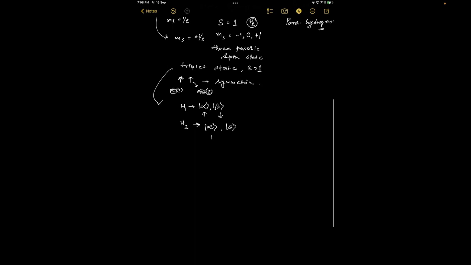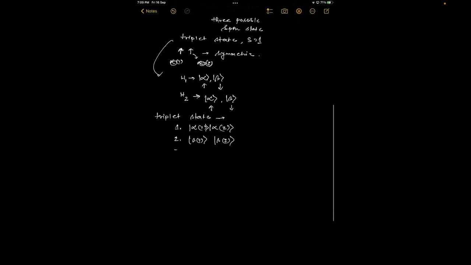For orthohydrogen, the spin state is a triplet state, that means 3 possible spin states having the same energy. Now these 3 states will be: one, H1 having spin alpha and H2 also having spin alpha, so the spin wave function is alpha 1 times alpha 2. The second state will be H1 having spin beta, that is beta 1, and H2 having spin beta, that is beta 2.